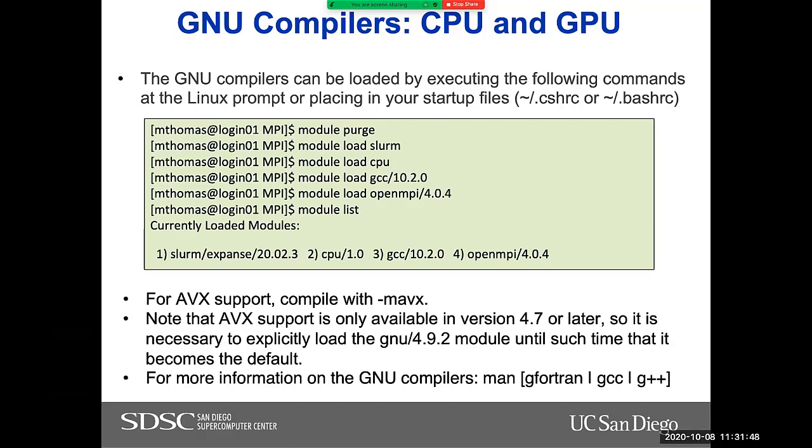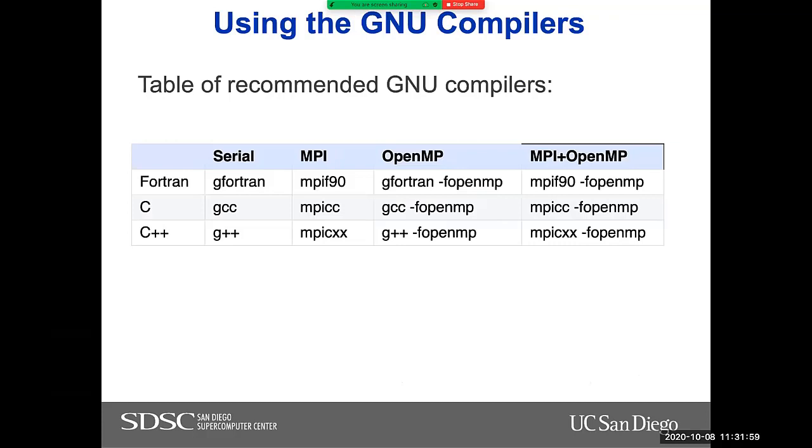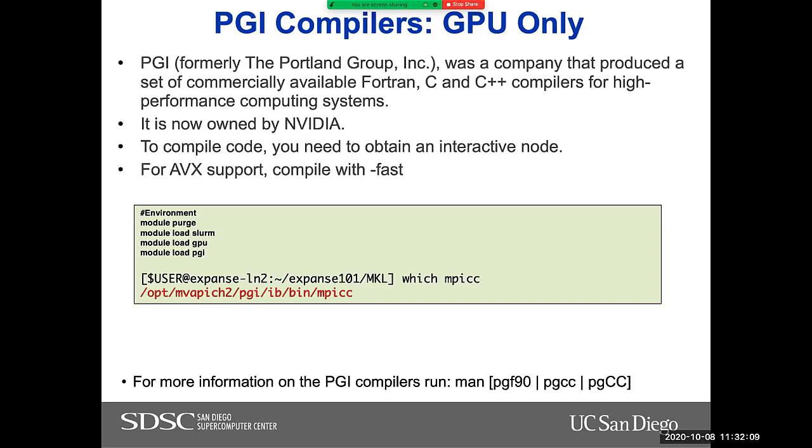The GNU compilers for CPU and GPU work the same way. And that's an example of the module environment. For GNU compilers, these are the commands that we're using and recommending. The PGI compiler only works on GPU.